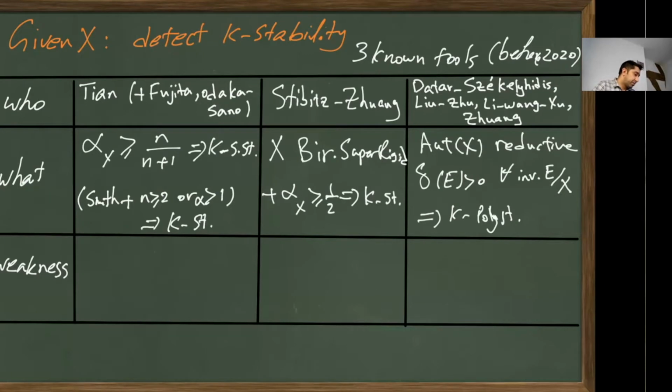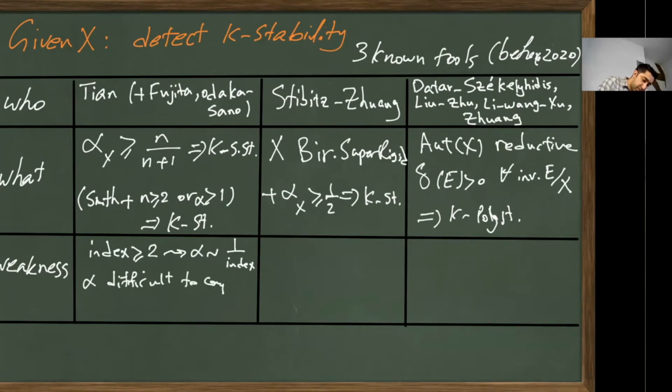Now, weaknesses of these three methods. If, for example, the index of your Fano, which I define later on, is bigger than 1, then it's not going to work because alpha is roughly 1 over the index. So it just works for particular cases. And also in those particular cases it is difficult to compute or estimate.